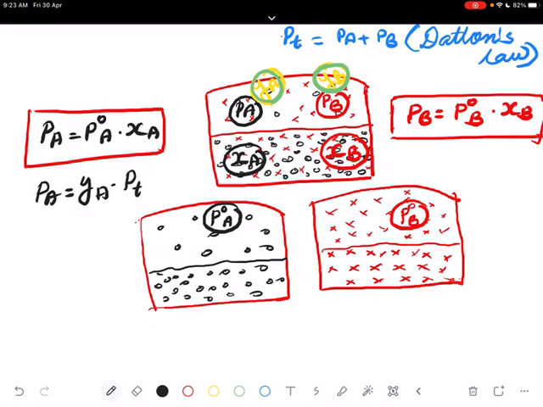Yesterday also we saw Pa is equal to Ya P total. That is, partial pressure, that is individual pressure, is equal to mole fraction of that component in vapor phase into the total pressure. Now, on that side, Pb is equal to Yb P total.